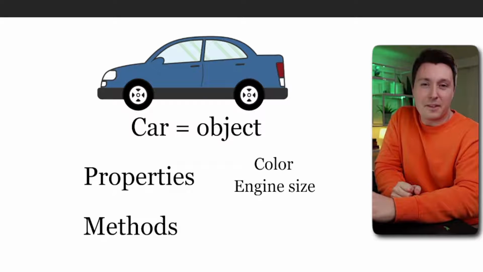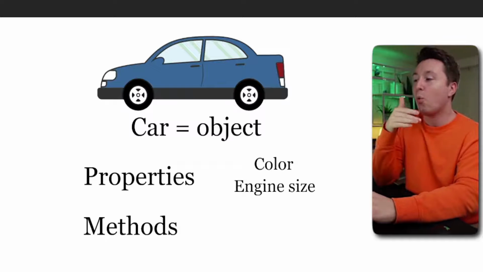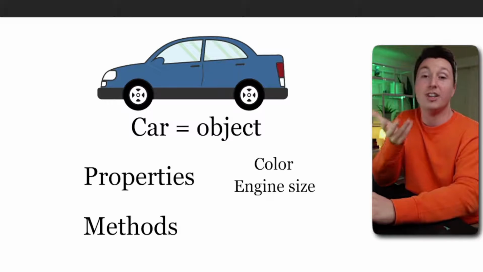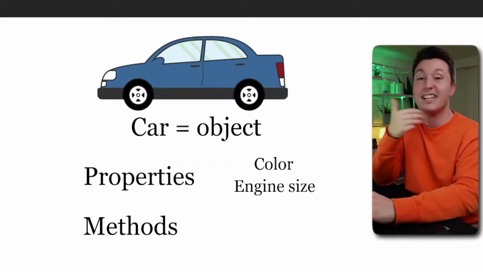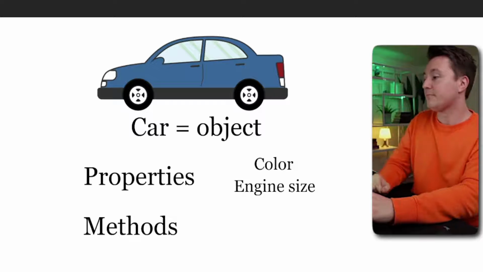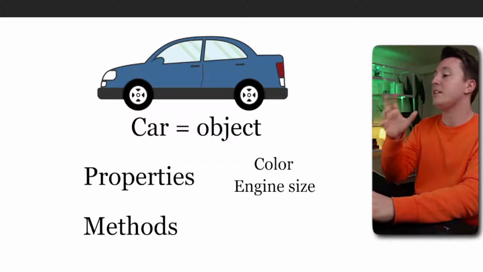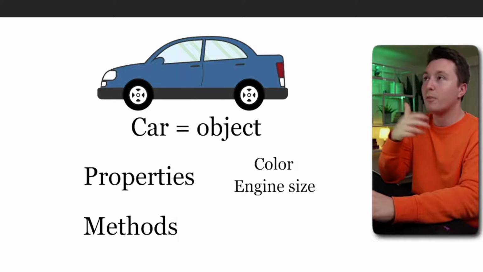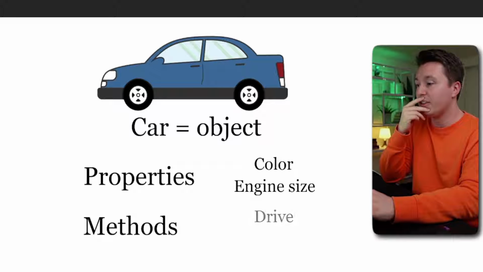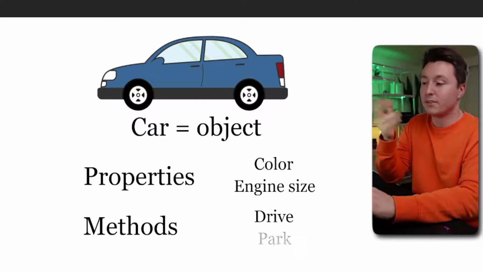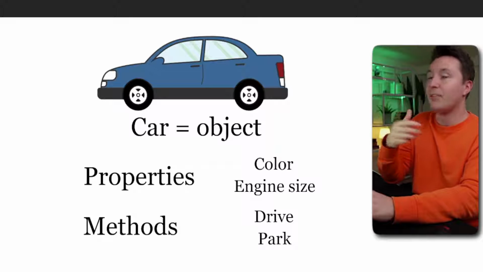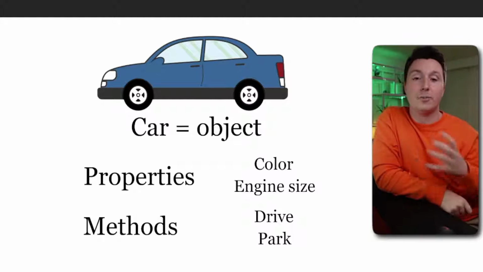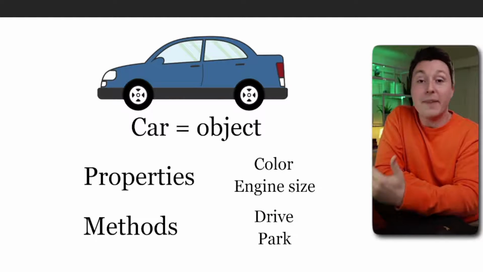Then there are methods. And methods are what the car does, or what is done to the car. So it differentiates from the objects and properties by being something you do. You can put the word to in front of it and you'll see. So to drive or to park, that is something that the car can do, or it could be done to the car. Those are methods.